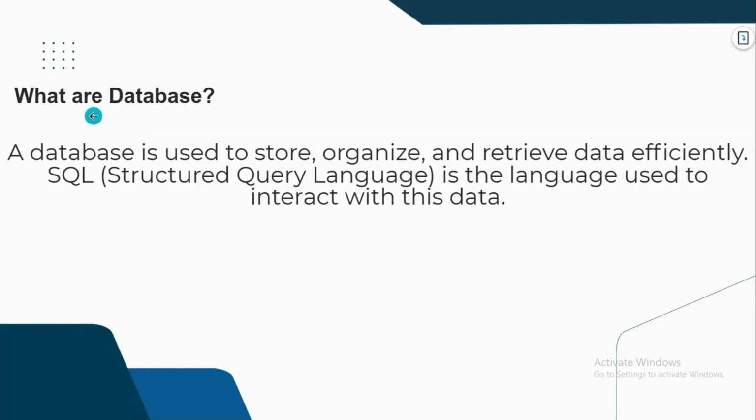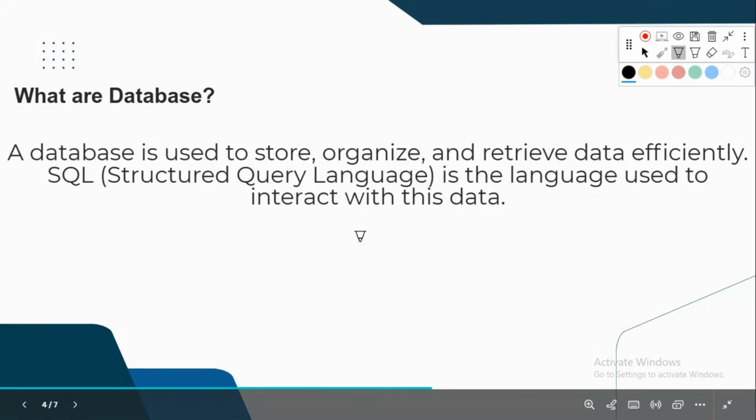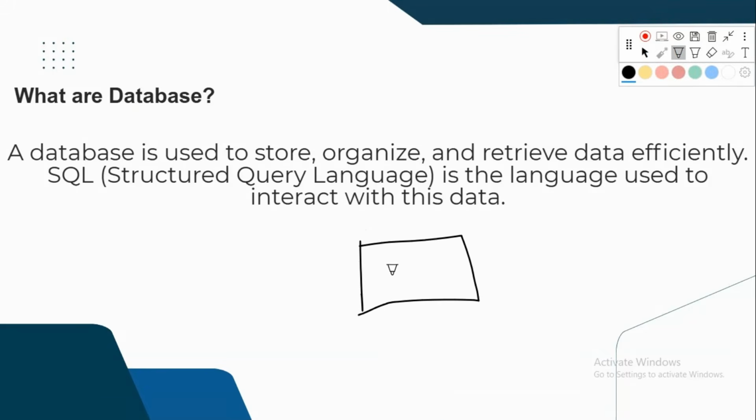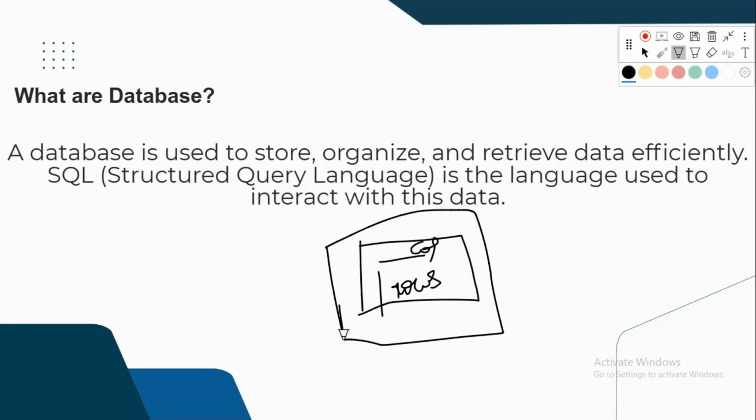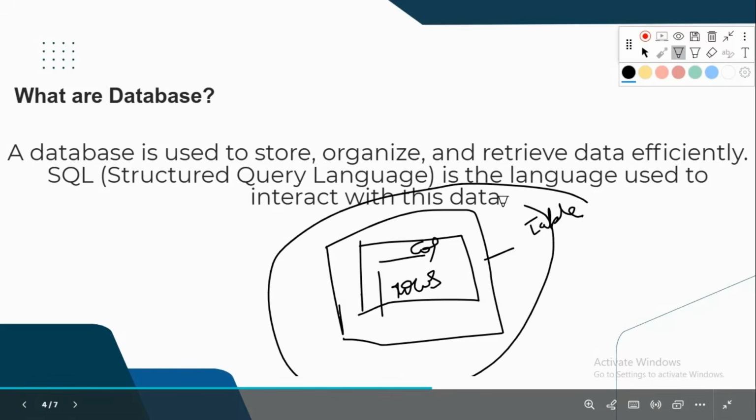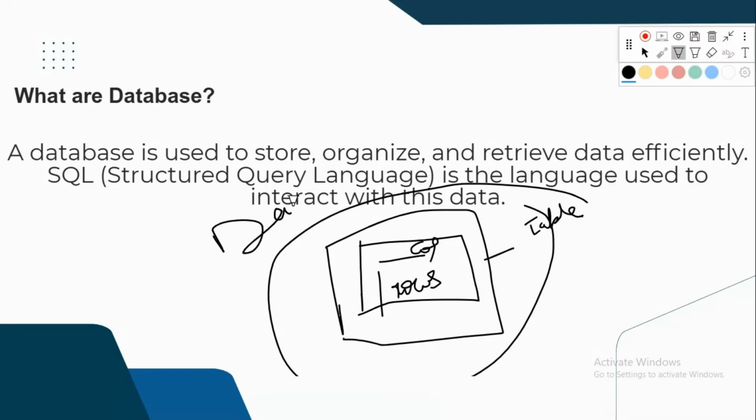Now let us understand what a database is. Let me explain here. For example, this is my columns and this is my rows. When we have columns and rows, we call it a table, right? Then this entire table is called a database. This is a simple explanation of a database.